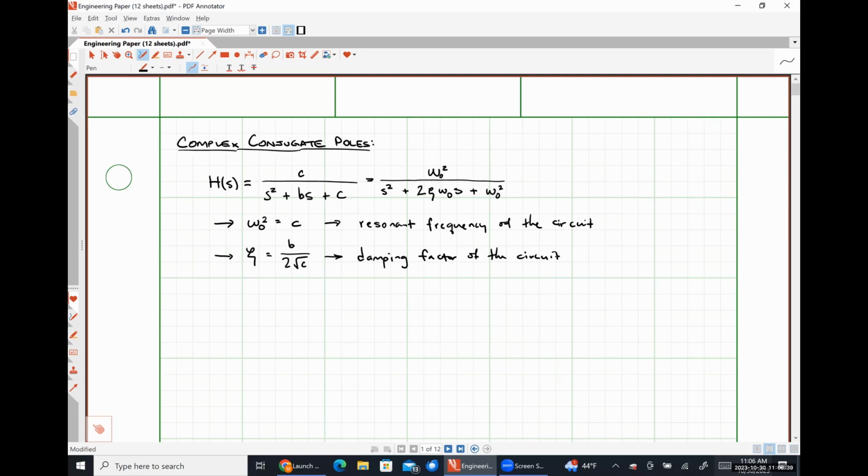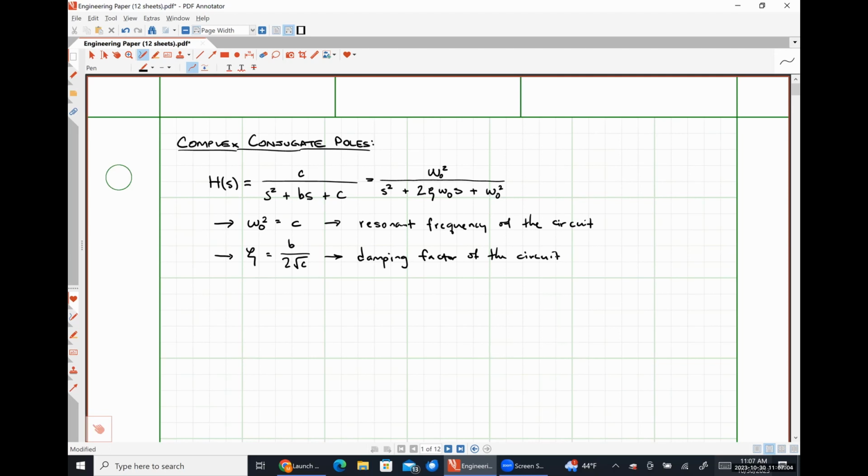So what we're going to do now is we are simply going to divide through our numerator and our denominator by a factor of omega naught squared, so that we can have our constant term in our denominator as 1, which is the standard form we usually use to draw our Bode plots.